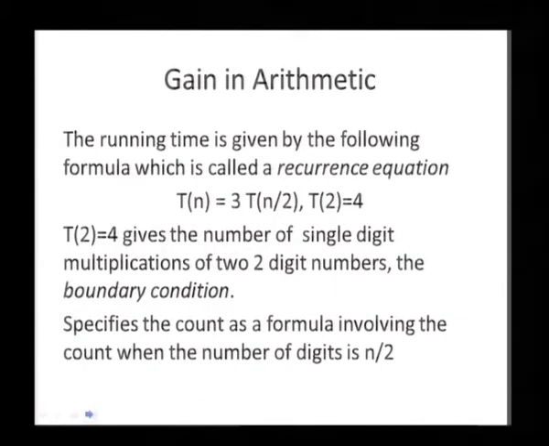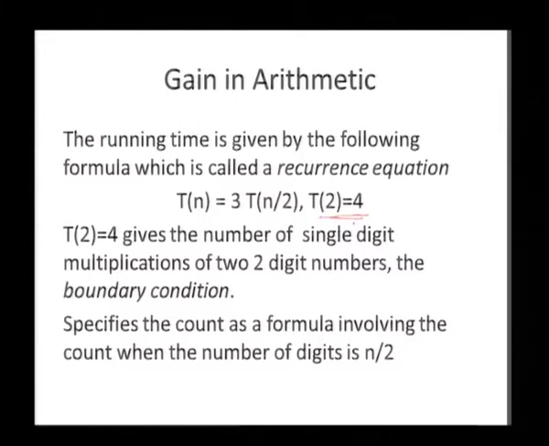So, therefore, let us formally analyze the gain in arithmetic. The running time of the algorithm that we have just written, where we want to calculate the total number of multiplications, that is our measure of running time. Let us not count the number of additions and the shift operations, let us just count the number of multiplications. The number of multiplications on 2 n digit numbers is given by 3 multiplications on 2 n by 2 digit numbers, and if you multiply 2 single digit numbers, we can take this to be equal to 4.